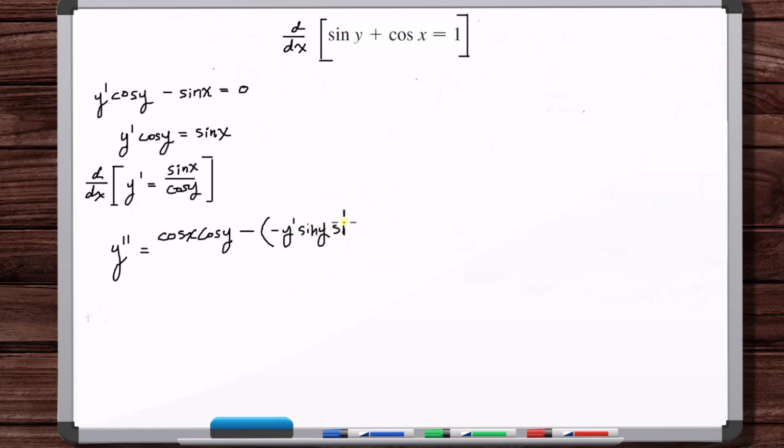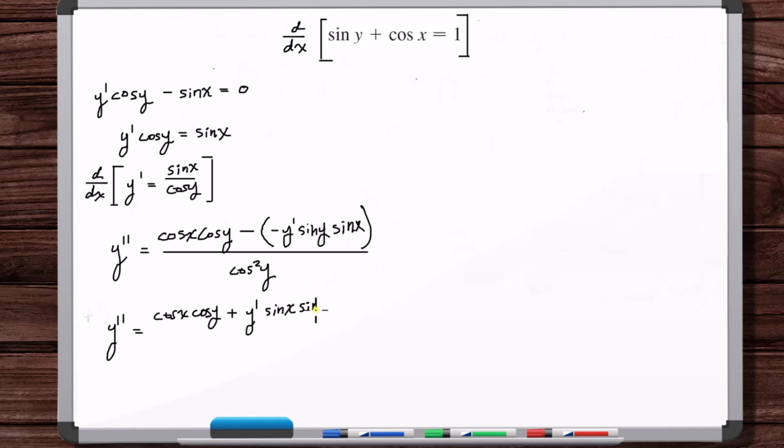Times the top, all over the bottom squared. Okay, so we've got, okay, now let's just substitute this y prime here.